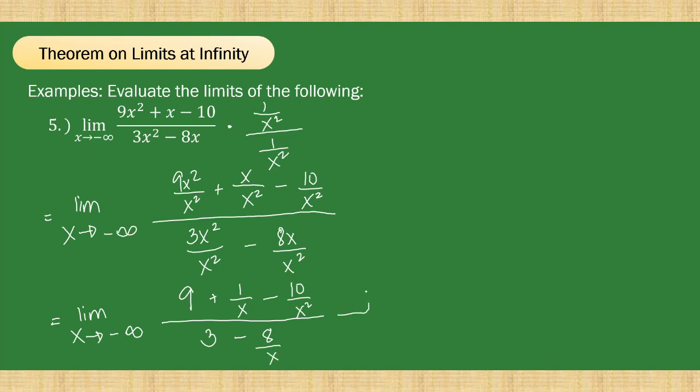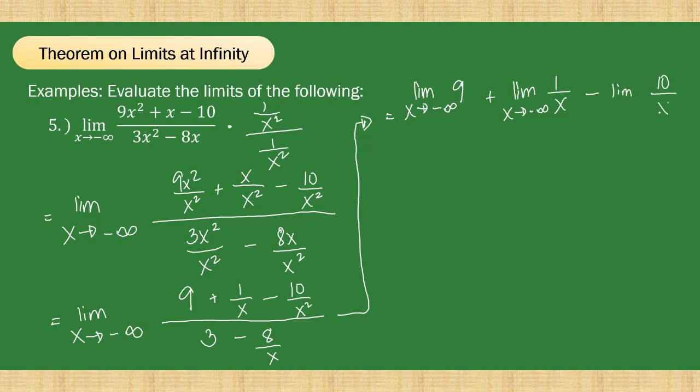After simplifying, pwede na nating i-distribute ulit yung mga limits. So, we have the limit of 9 as x approaches negative infinity plus the limit of 1 over x as x approaches negative infinity minus the limit of 10 over x squared as x approaches negative infinity.